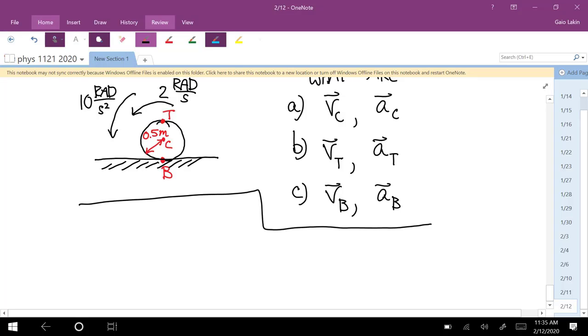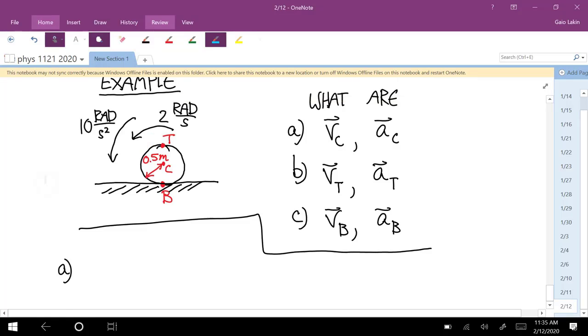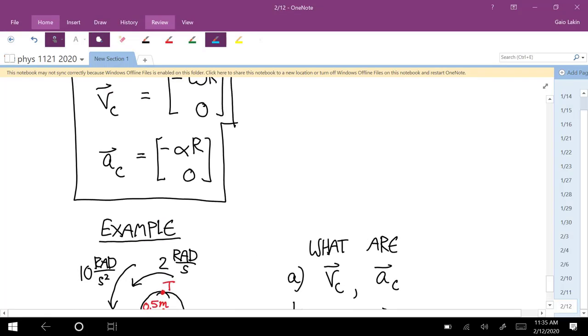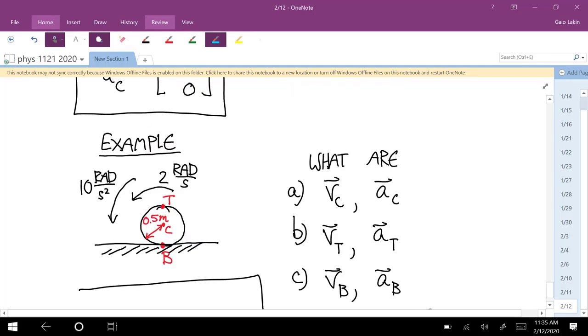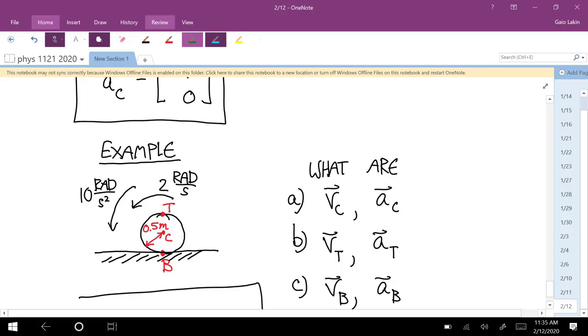So the first part of this is just using the rolling without slipping equations to calculate the velocity and acceleration of the center. So the velocity vector of that point C is just going to be, and our coordinate system is going to have the y-axis straight out of the surface, x-axis horizontal.